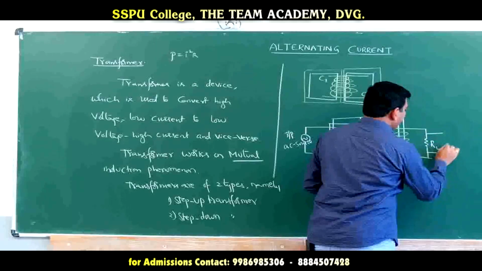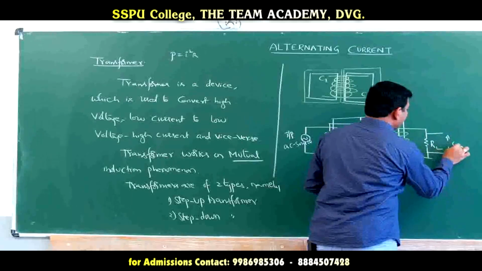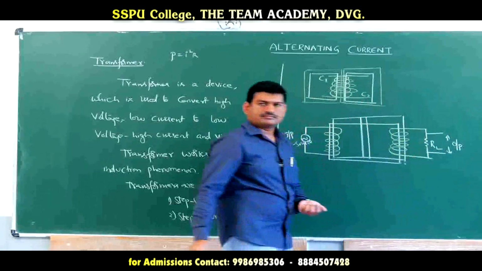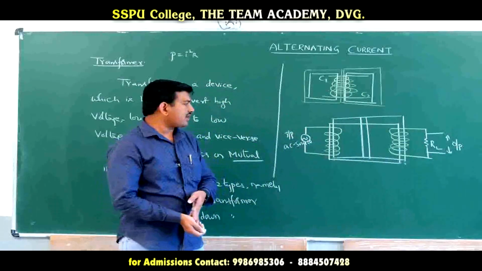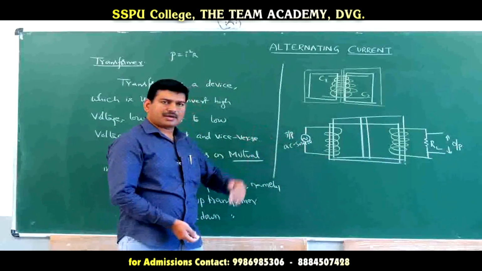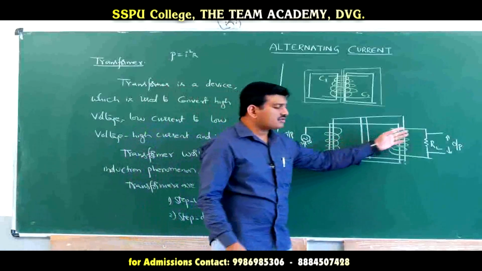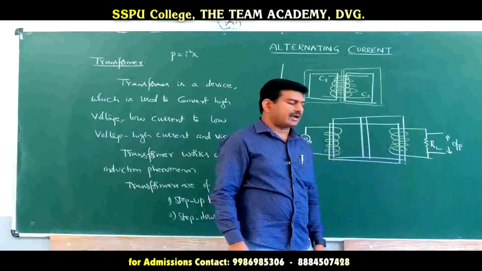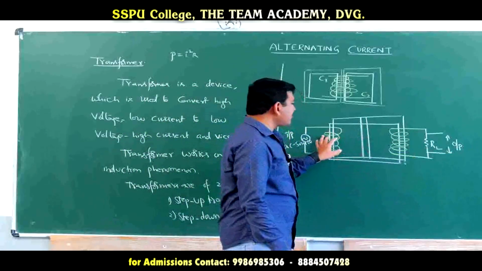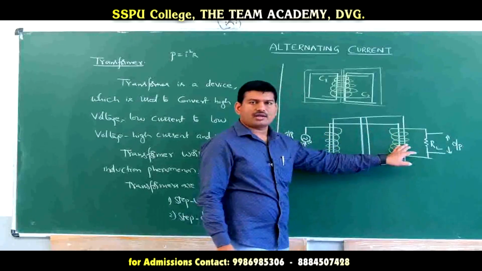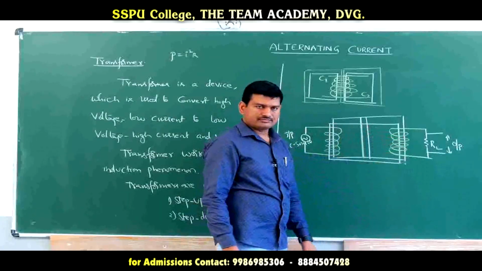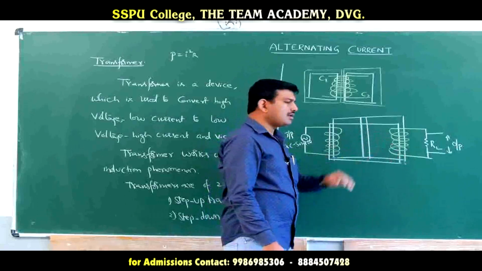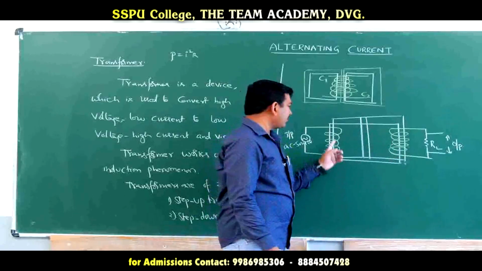So across this we are going to take the output, therefore it is said to be the secondary coil. And here these are said to be the two arms or the limbs of the coil. Is it clear or not?